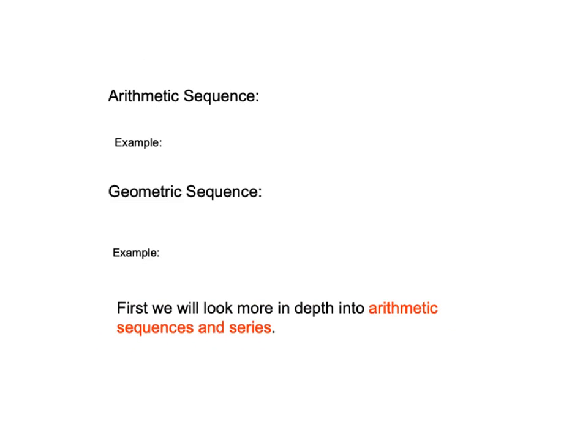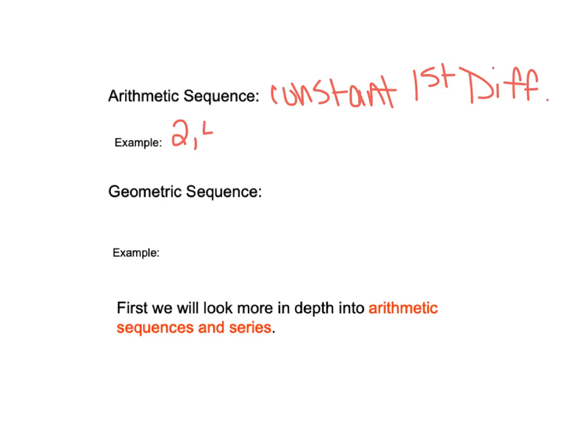So if we are looking at sequences, an arithmetic versus a geometric sequence, basically an arithmetic means it has a constant first difference. So for instance, in the sequence 2, 4, 6, 8, I'm just going to use this one because it's easy.